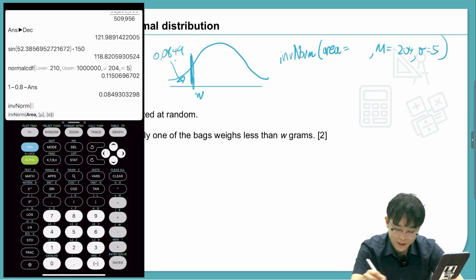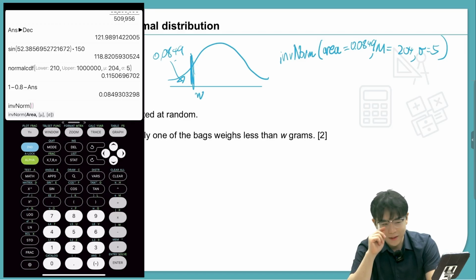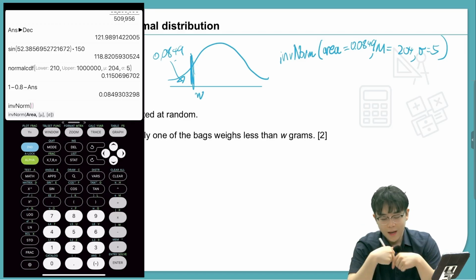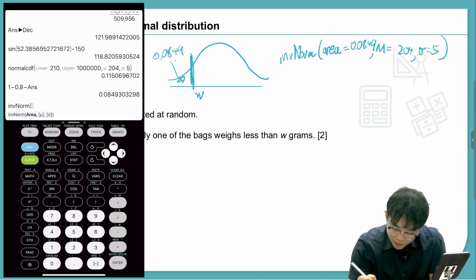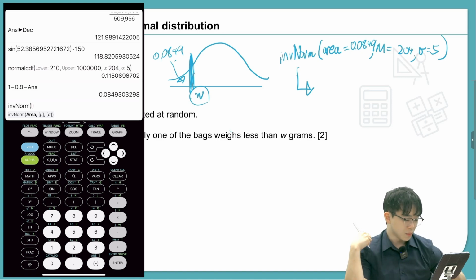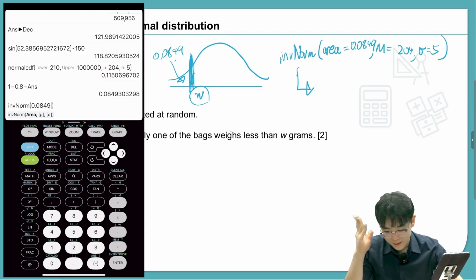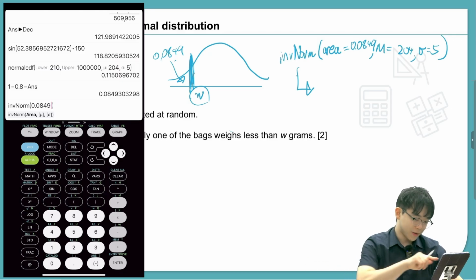So in our case, it would be 0.0849. For that lower tail area, the boundary value is going to be W. So what value would W have to be in order for the probability below it to be 0.0849? That's what we're asking our calculator.